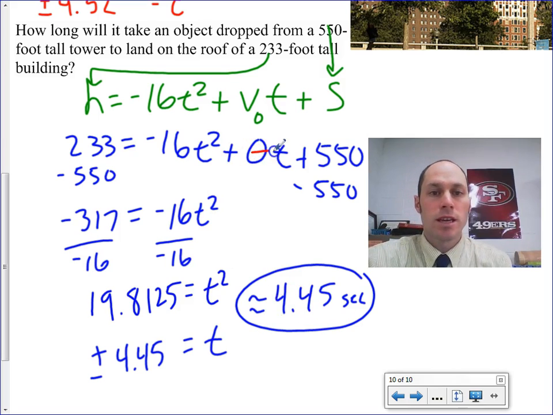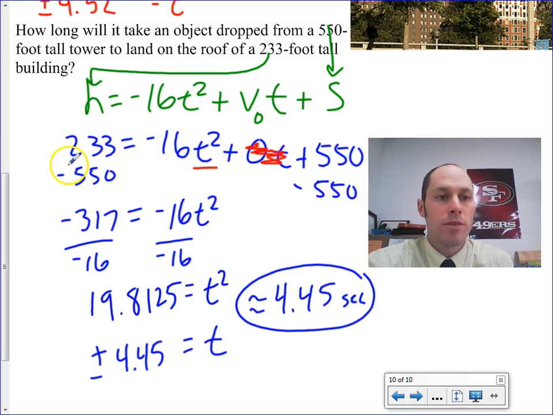So that's just going to cancel itself out. And we solve for t since there's only one t in the equation. Subtract 550. Then we divide by negative 16 and take the square root, plus or minus. In this case, we can't go back in time, so it's got to be the positive. So it would take about 4.45 seconds for that penny to drop from the 550-foot tall tower to the roof of the 233-foot tall building.